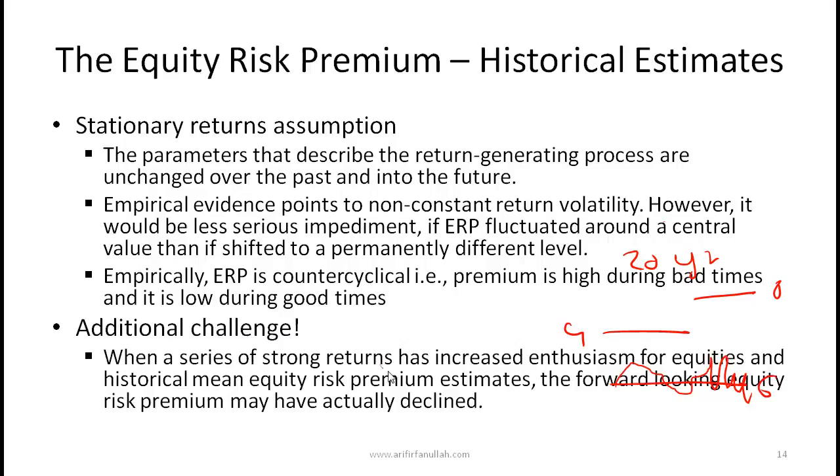And then another challenge is that a series of strong returns has increased enthusiasm for equities and historical mean equity risk premium estimates. So what does this mean? Let's say you are in 1999. For the last number of years, the stock market was just performing extremely well. So if the stock market has been performing extremely well, what happens to the equity risk premiums?